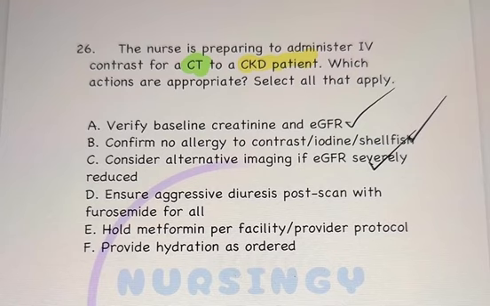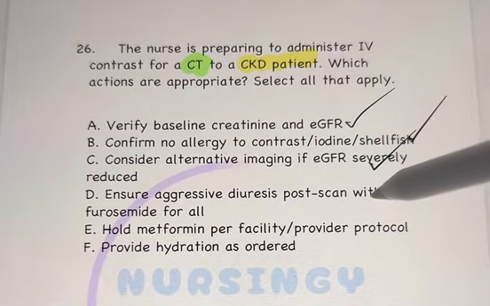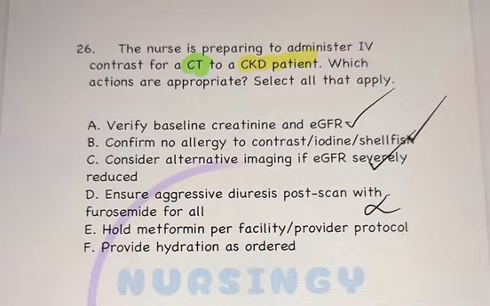Ensure aggressive diuresis post scan with furosemide for all. What will happen if we are doing aggressive diuresis? D is no. It causes dehydration, and when you give too much furosemide for aggressive diuresis, it's going to cause too much damage.